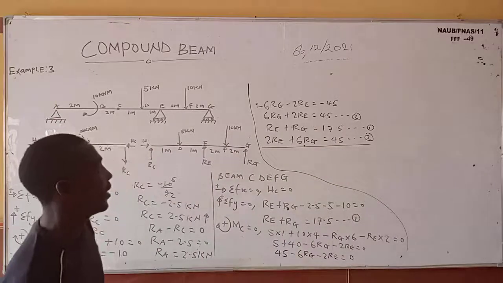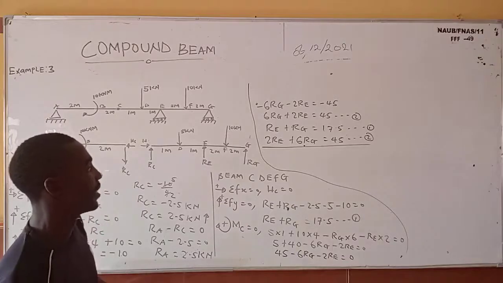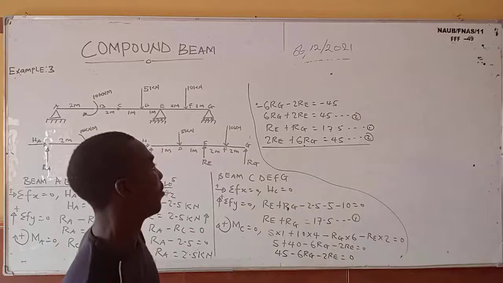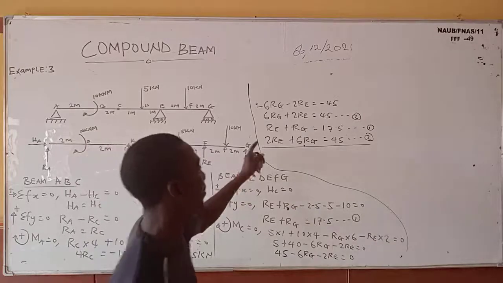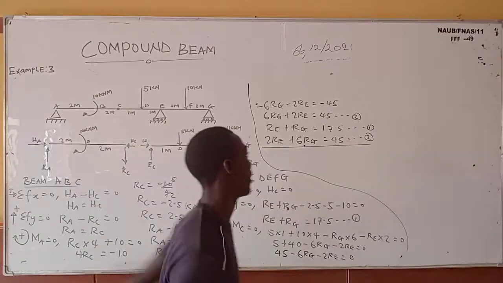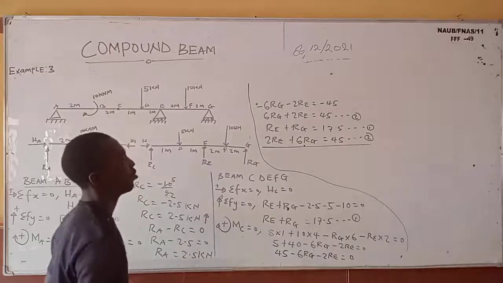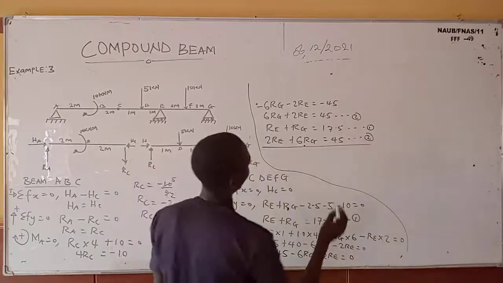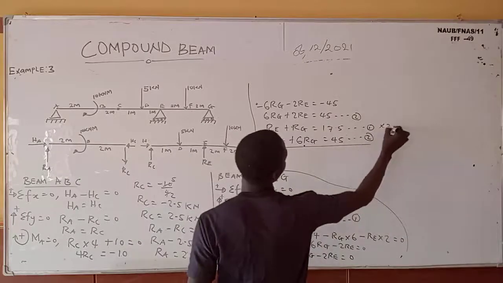So let's solve these two equations simultaneously. Can we use elimination method here? For us to use elimination method, probably we have to times equation 1 by what? By 2. So if we do that, this one will be times 2.